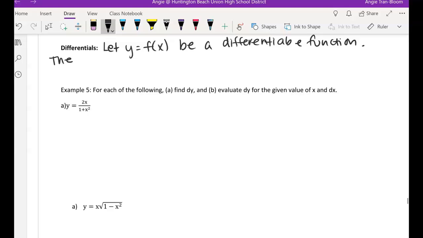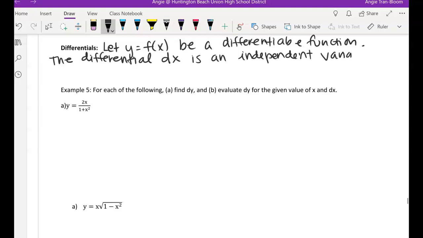The differential dx is an independent variable. Okay, so differentials.